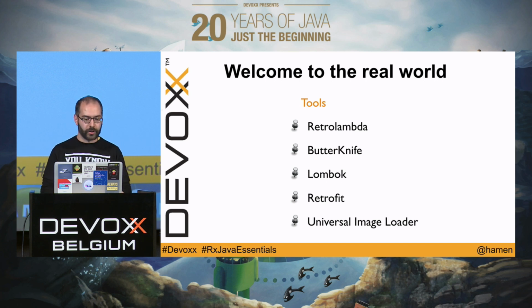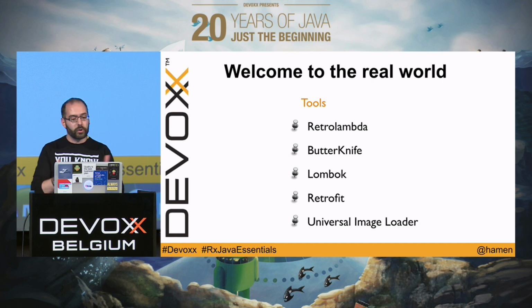Lombok, because I'm too old to write getters and setters manually. I mean, really. Retrofit, because it's the only proper way to deal with a REST API on Android. It's by Square. They pay Jake Wharton, so still.